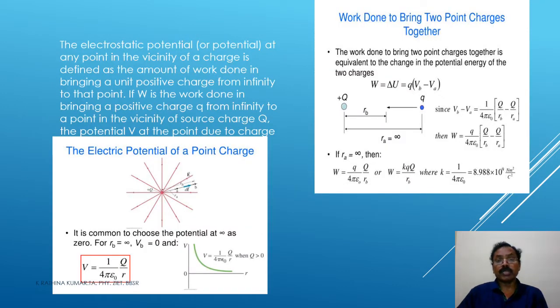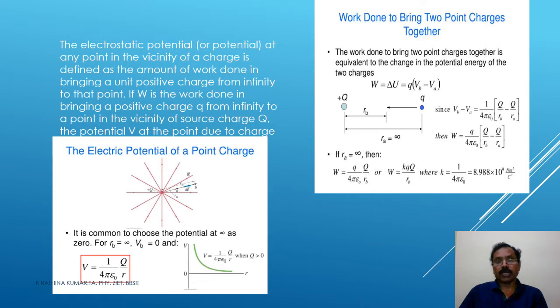The electrostatic potential at any point in the vicinity of a charge is defined as the amount of work done to bring the unit positive charge from infinity to that point. You might know this potential from ordinary potential energy.